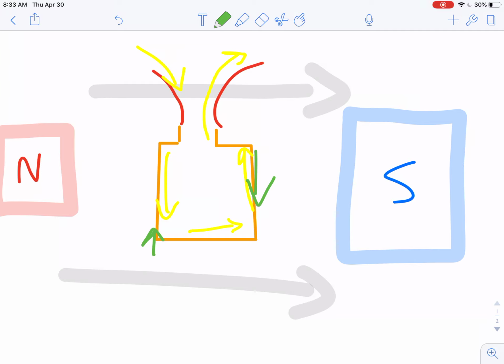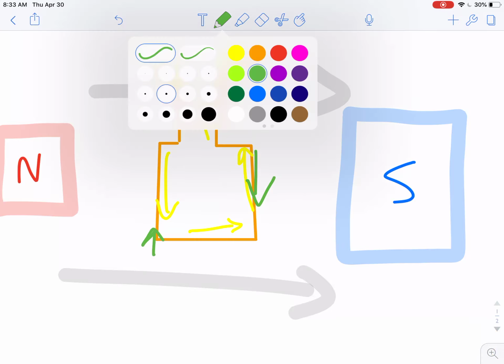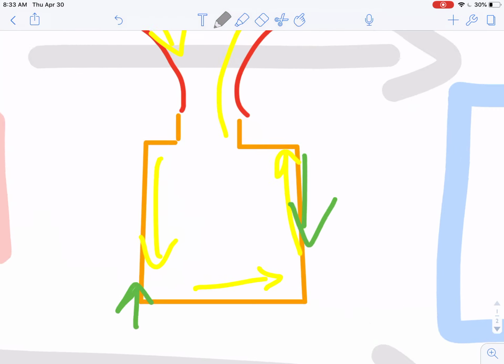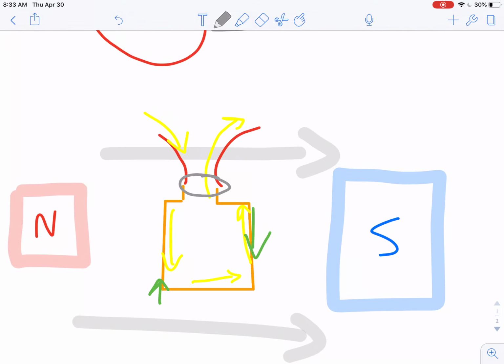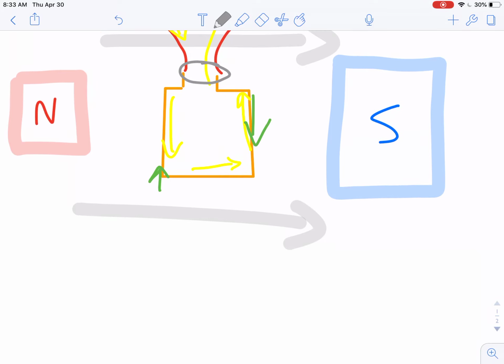Now, if you have an upward force and a downward force onto something, it's going to cause it to rotate, which is perfect because there is a circle connection here that allows this device to rotate. So now, this device we have right here, at this point would be the needle.